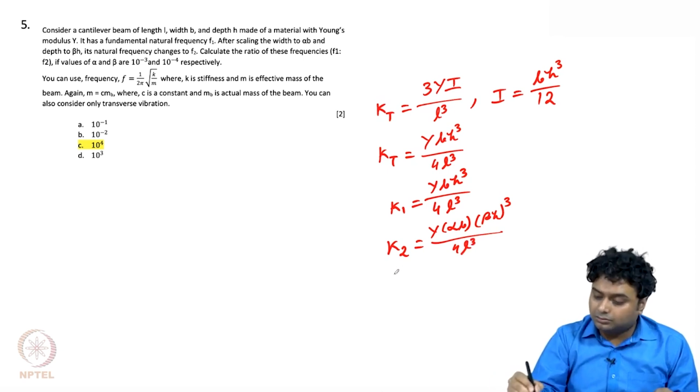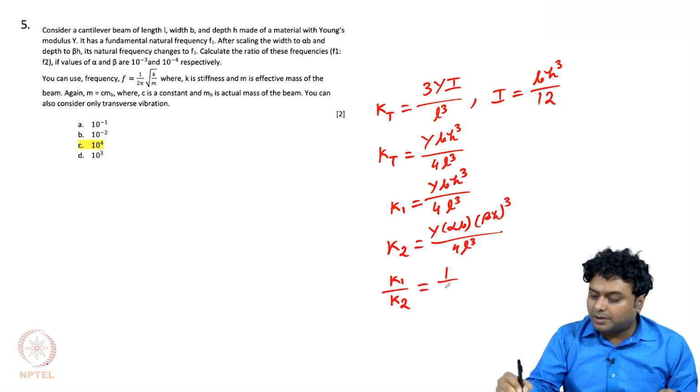So K1 by K2 is equal to 1 by alpha beta cube.